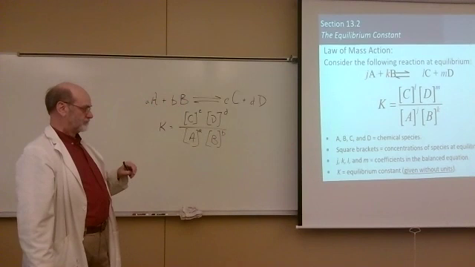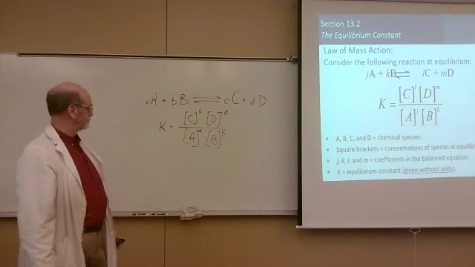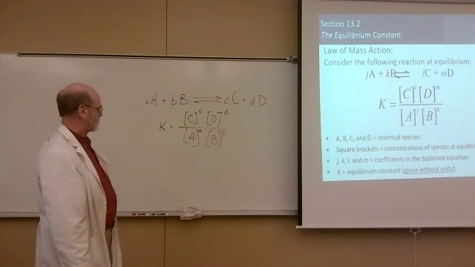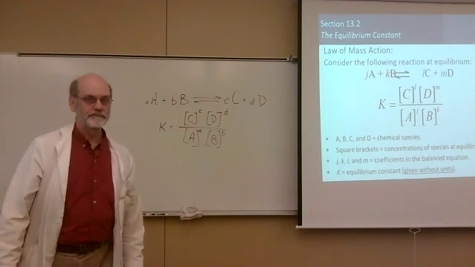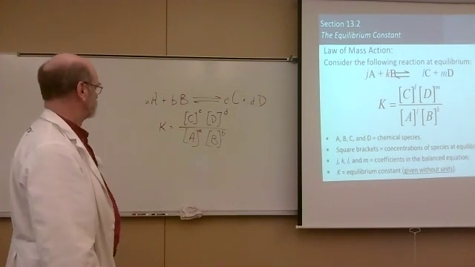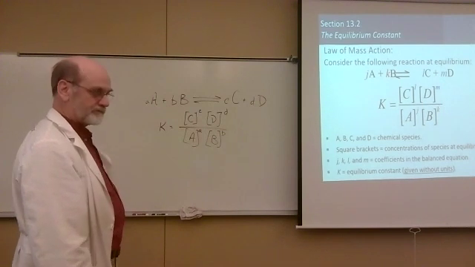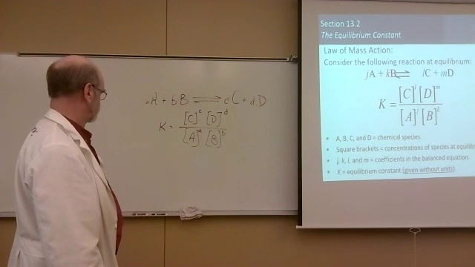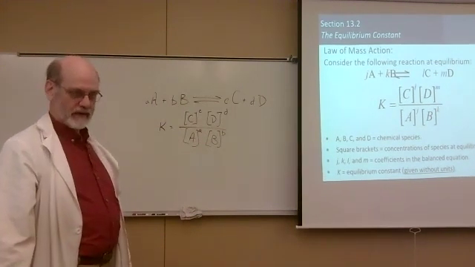So the concentration of C at equilibrium to the power of its coefficient, multiplied by the concentration of the product D at equilibrium to its coefficient, divided by the reactants. Same sense.